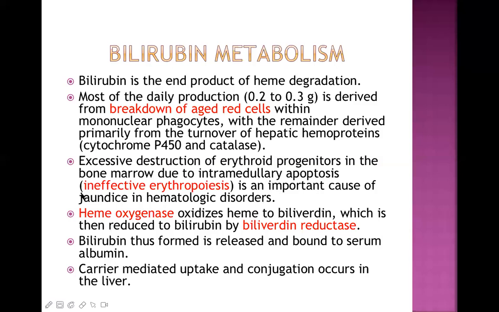This is known as ineffective erythropoiesis. Erythropoiesis means synthesis of RBC. This process is faulty or ineffective here, so even before they mature, they die. That is one of the important causes of jaundice in this type of situation. An example of ineffective erythropoiesis is thalassemia. Never forget this. Even in megaloblastic anemia, that can happen.